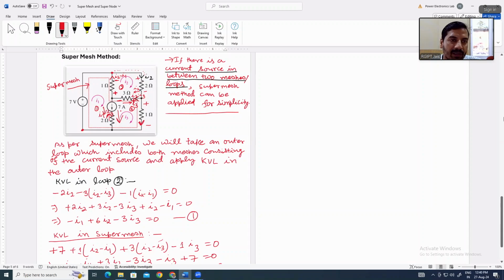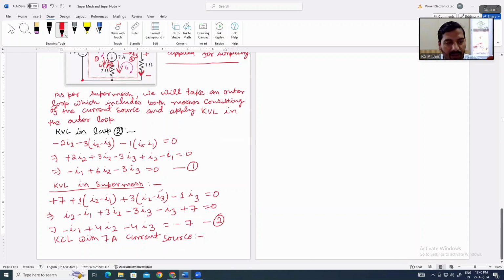Ultimately the current source value is 7 ampere and direction is downward. So which will be dominating? I1 will be dominating, right? So I1 minus I3 will be the resultant current in this branch. So the KCL equation will be I1 minus I3 is equal to 7. That will be your third equation.